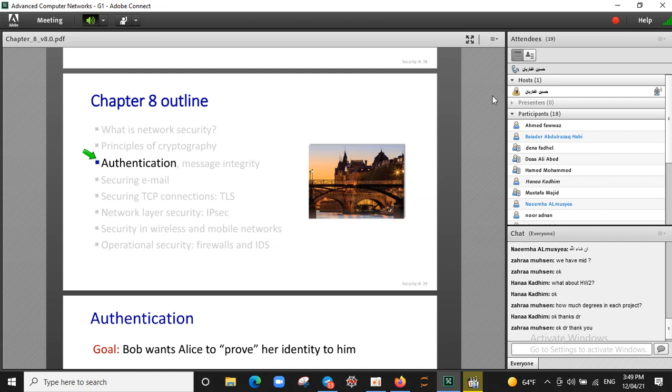I can publish my public key, and if someone else tries to send me something, he or she can encrypt the message with my public key, and after that the message can be decrypted only by my private key.